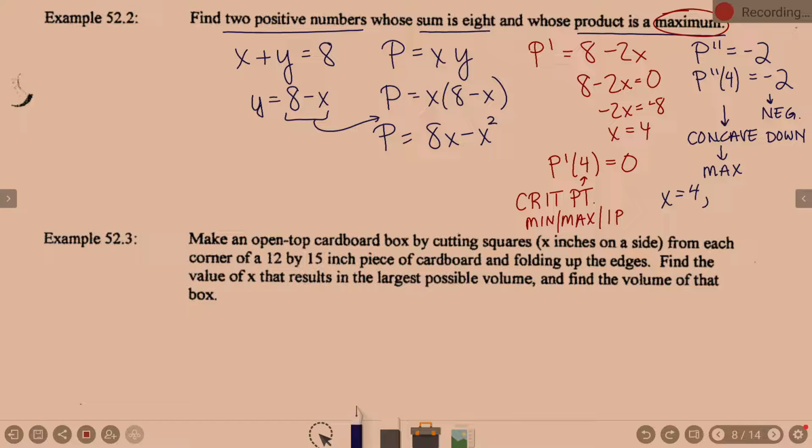When X is 4, what is Y? Also 4. So in this case, the two positive numbers are 4 and 4. Yeah, and that's essentially what I did without really saying it. If X plus Y is 8 and X is 4, then, yep.